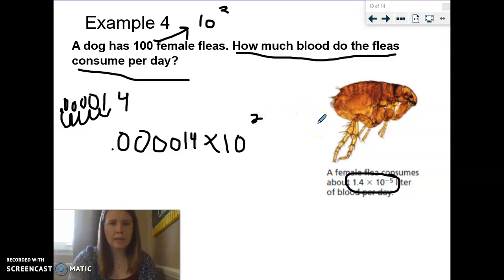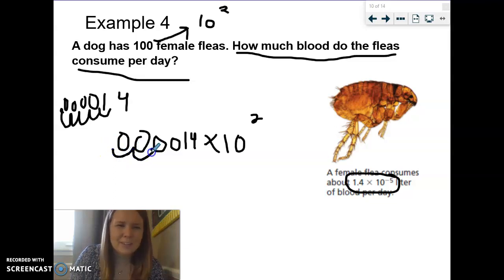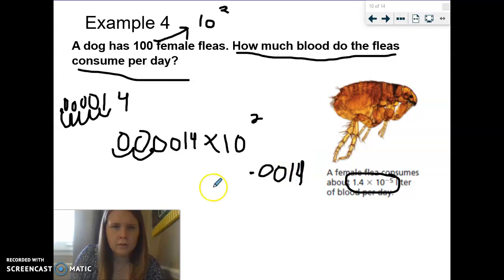Because now I have a positive power, I am going to move my decimal place back to the right 2 times. Sorry, my nose is really itchy. Sorry if I sneeze, guys. All right, so moving my decimal over 2 places, my official answer would be 0.0014 liters of blood.